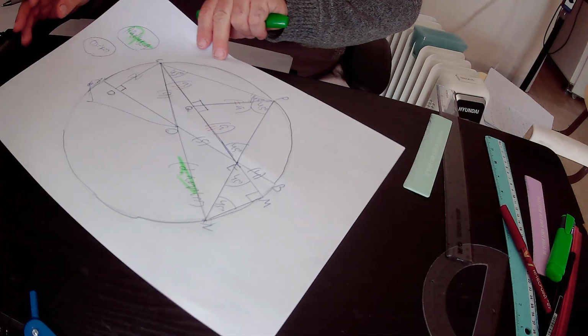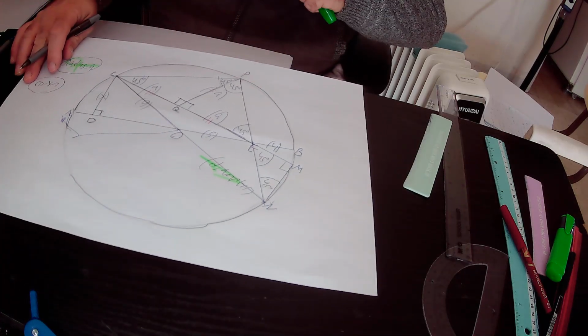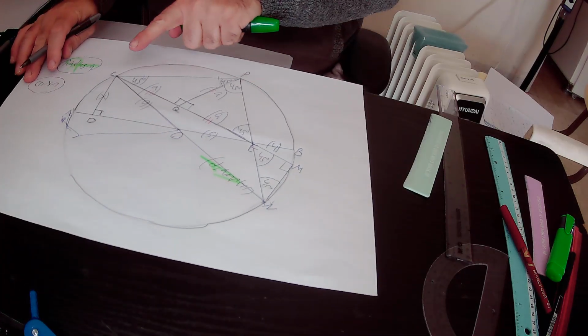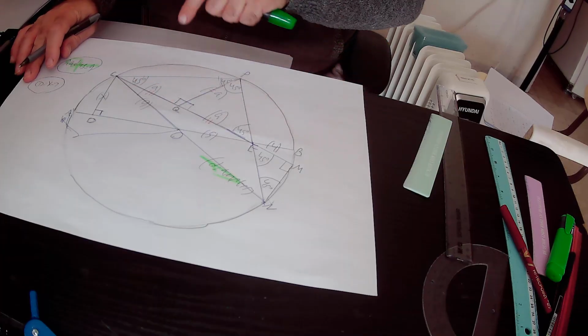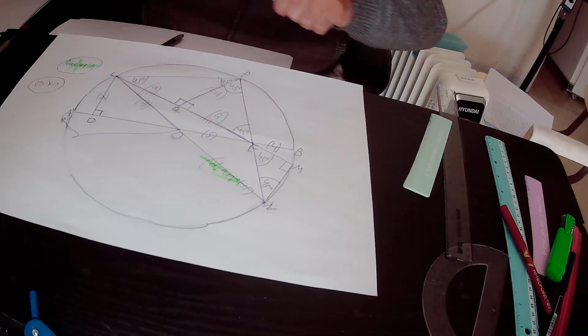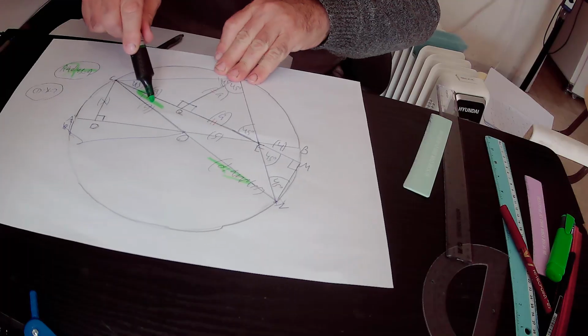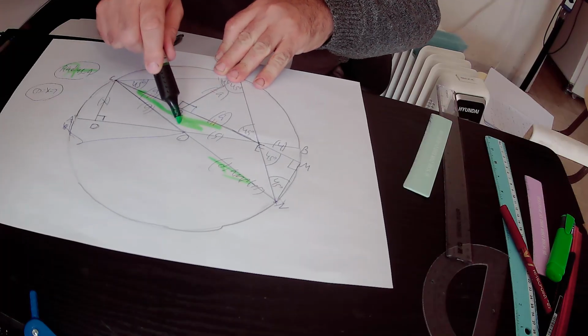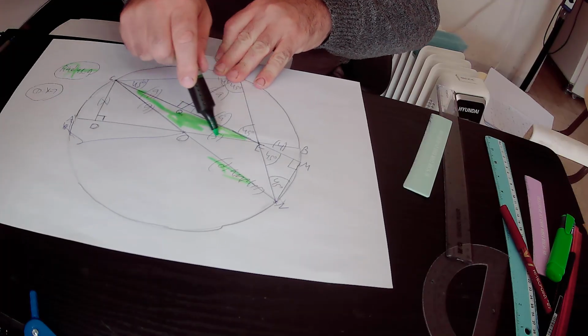In the next step, we calculate the area of this triangle COE. Repeat again. We calculate the area of this green triangle, triangle COE. What is the area of this green triangle COE?